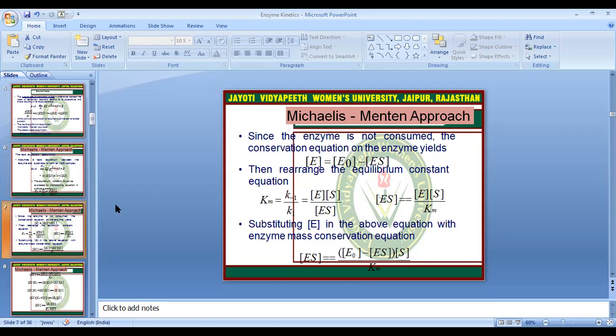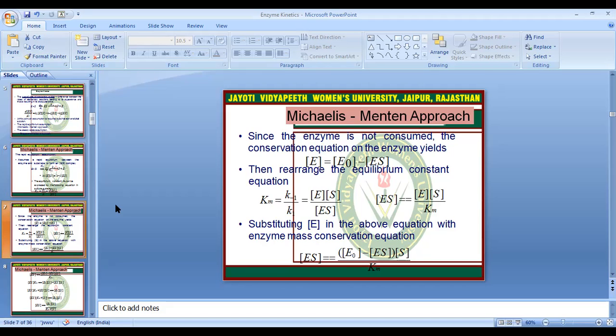Since the enzyme is not consumed, the conservation equation on the enzyme yields [E] = E0 - [ES]. Then rearrange the equilibrium constant equation: Km = K-1/K1 = [E][S]/[ES]. On the other hand, [ES] = [E][S]/Km.